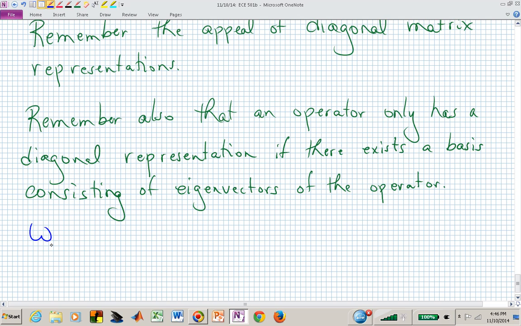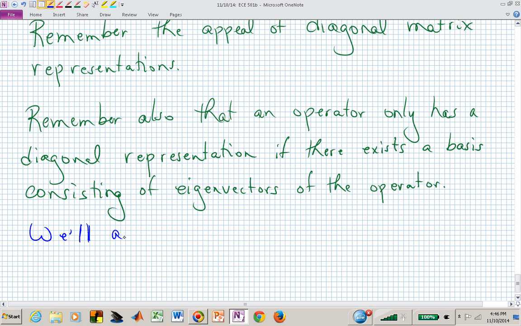Now, in addition to this basis, we also want to add something about their length, and we want those to be of unit length, those basis vectors. We want an orthonormal basis, so we're now working on an inner product space. We have a norm.